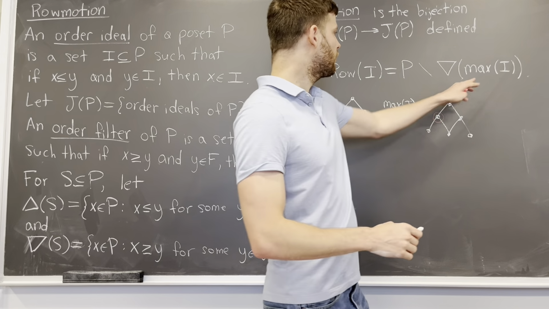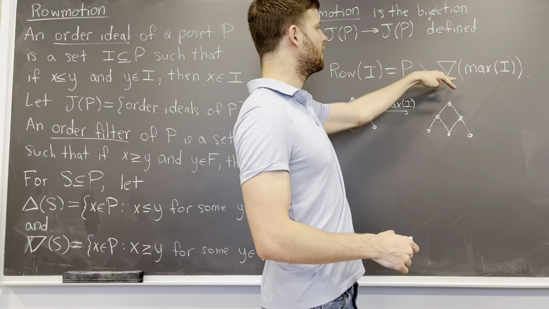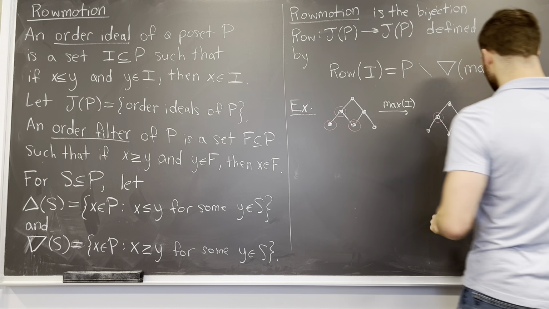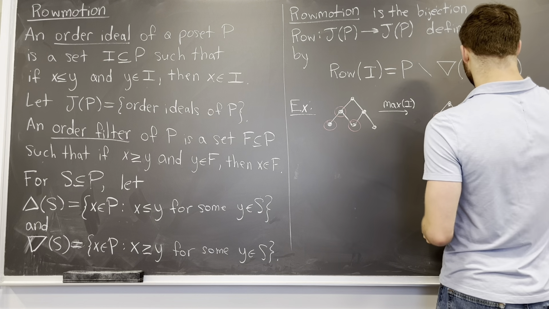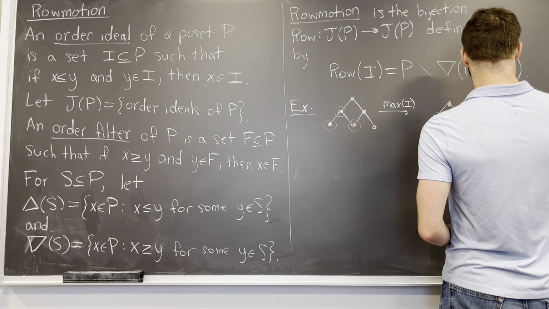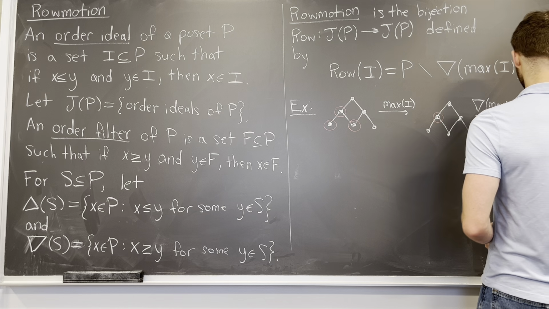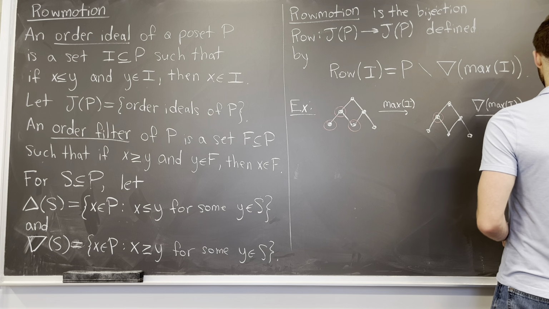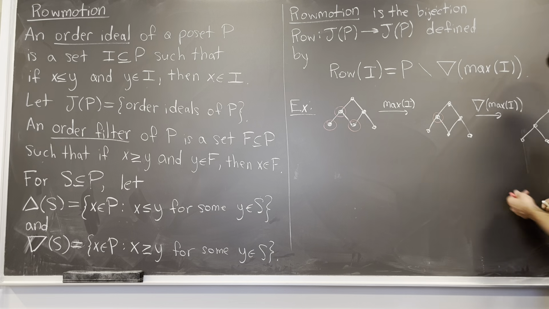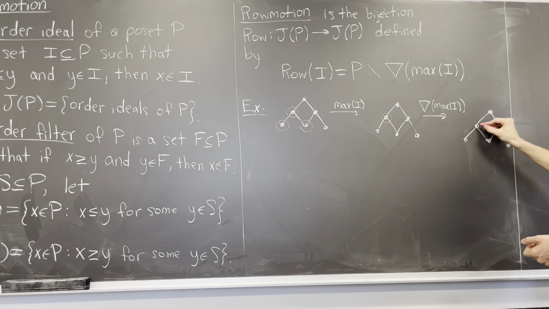And then the next step: now I want to saturate upward by taking the order filter generated by this one element. So now I take nabla of max of I. That's going to be this element and everything above it. So that's just these 2 elements here.